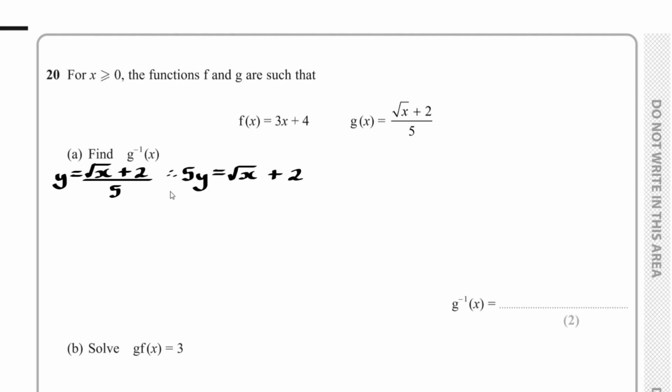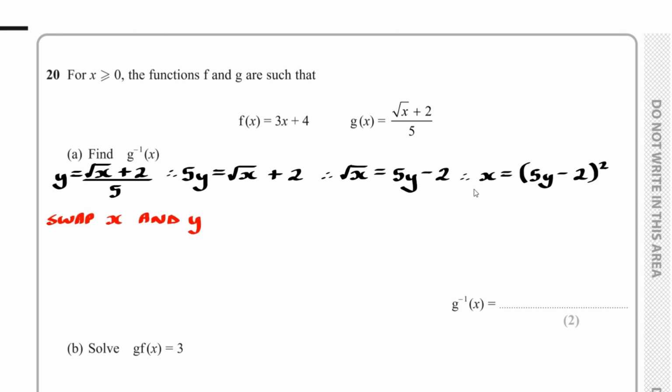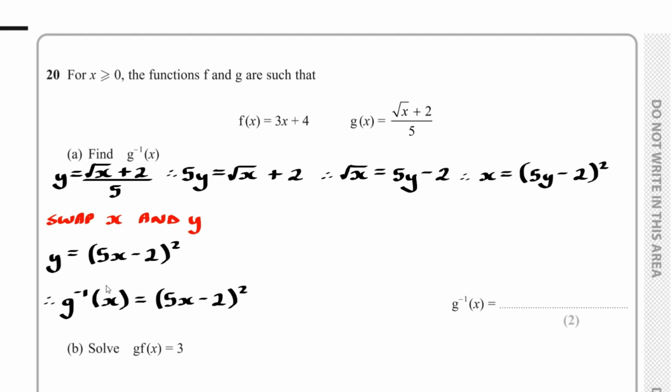If I multiply through by 5, we end up with 5y equals square root of x plus 2, from which we can see square root of x equals 5y subtract 2, from which we see x is equal to 5y subtract 2 all squared. If I then swap the x and y, we have y equals 5x subtract 2 all squared, and if I replace the y with inverse of g, we can conclude inverse g equals 5x minus 2 all squared.